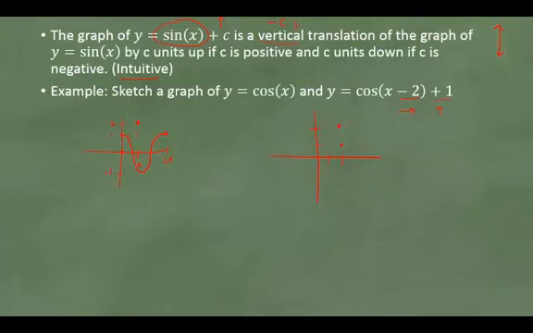And same thing for this point, the lowest point, which is at negative 1. It's going to move it to the right 2, 1, 2, and it's going to move it up 1. So I'll bring it to 0 actually. To the right 2 and up 1. So it'll look something like this.